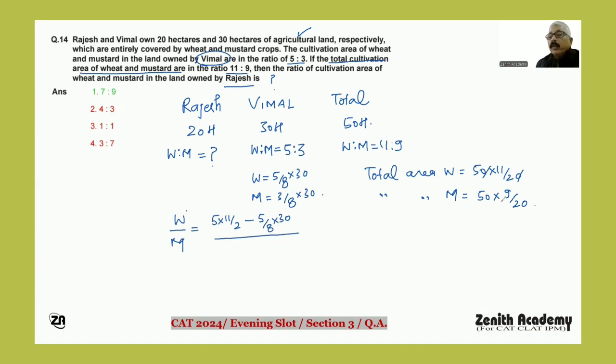Here it is 5 into 9 by 2 minus 3 by 8 of that. Simply इसको solve कर लेंगे, आंसर आ जाएगा.